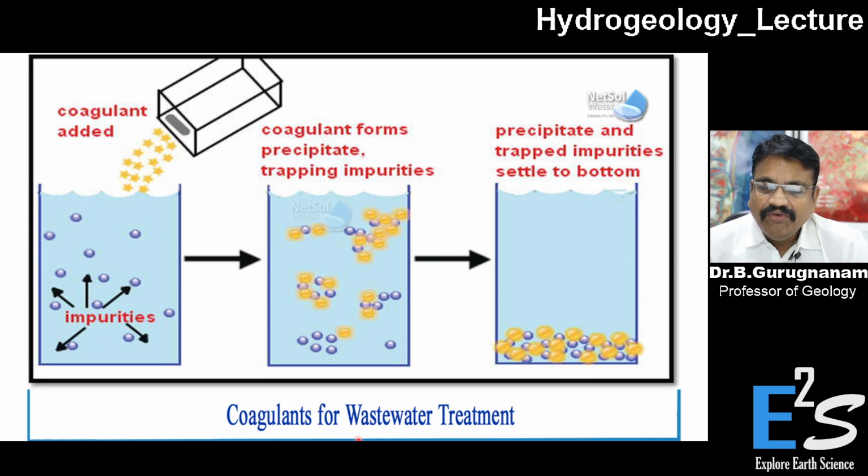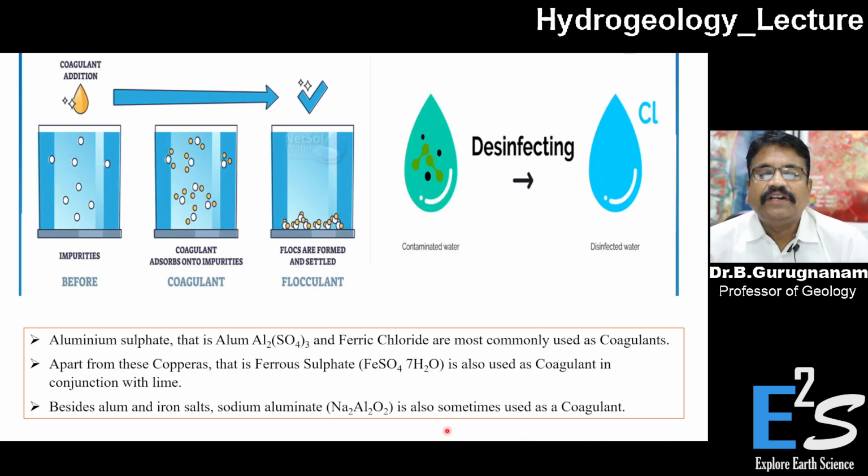See, these are coagulants for wastewater treatment. In coagulant addition, this figure shows impurities before, during, and after. What does it mean? The coagulant absorbs onto impurities, flocs are formed and settle at the bottom. This is called flocculation. This is contaminated water, then disinfecting, and then disinfected water.